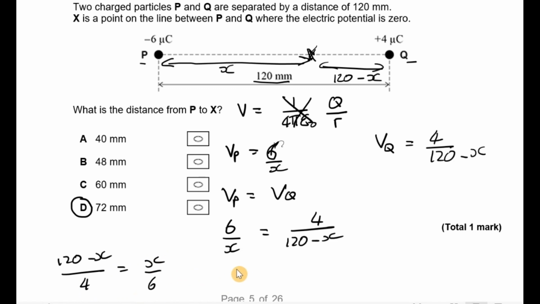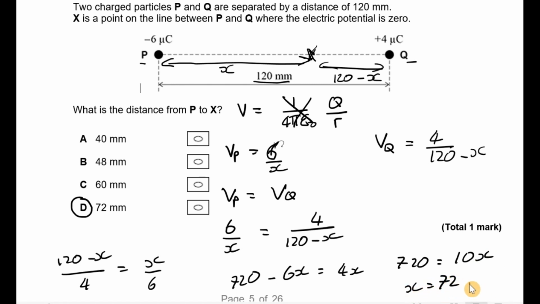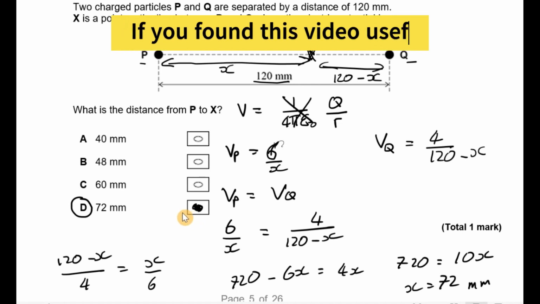If I multiply everything out, I get 720 minus 6x equals 4x, or 720 equals 10x, x equals 72 millimeters. Answer D.